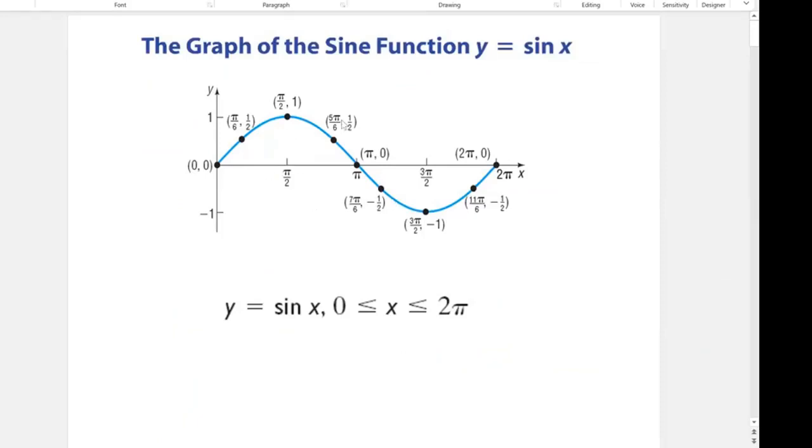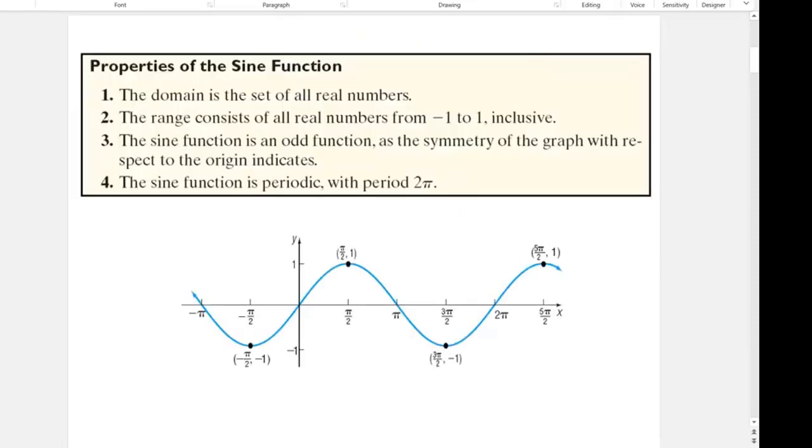This is what our sine function looks like, and now you saw how we create it. There's some properties of a sine function. So the domain is the set of all real numbers, because as I said before, this continues in both directions forever, okay?